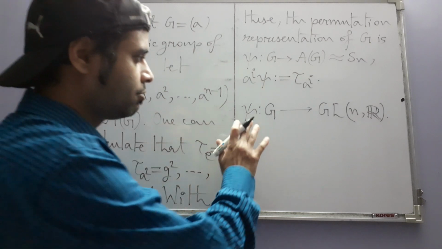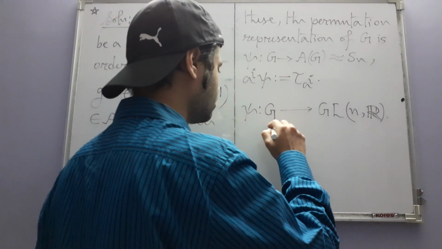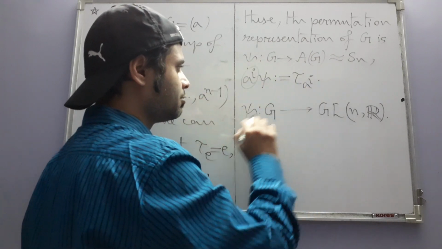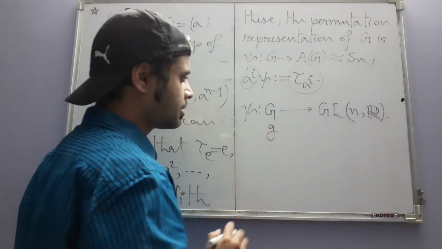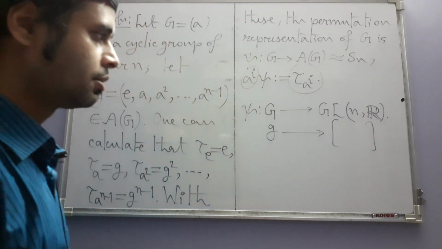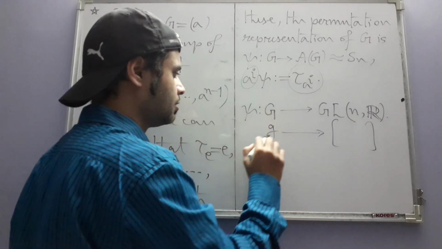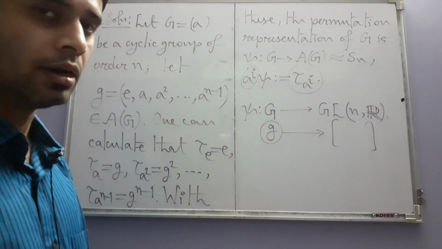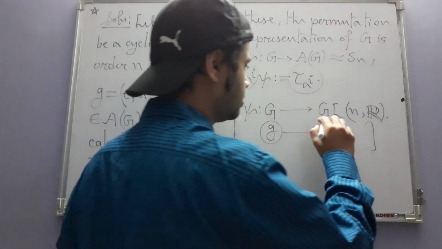But once you have one such representation, here instead of looking at group elements, you are looking at permutations, and there you will be looking at an n by n matrix. What is the benefit of considering matrices? The benefit is that you can turn a group theory problem into a problem in linear algebra, which is very well understood.